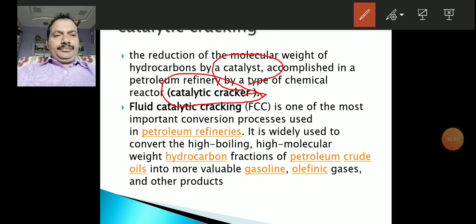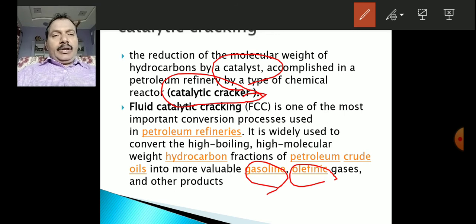These gasoline products and olefinic products are very important and have high demand in manufacturing plastics. And this FCC will convert hydrocarbons into these and other important fractions also.